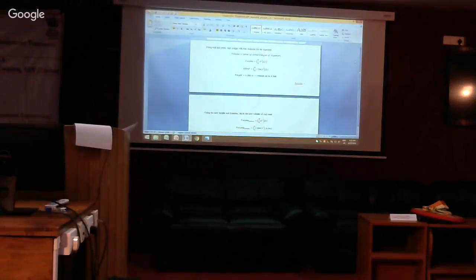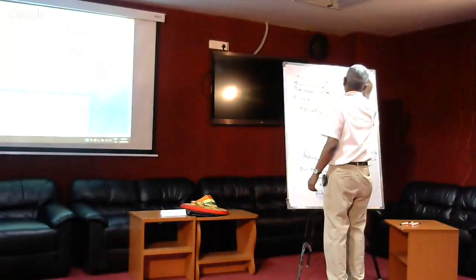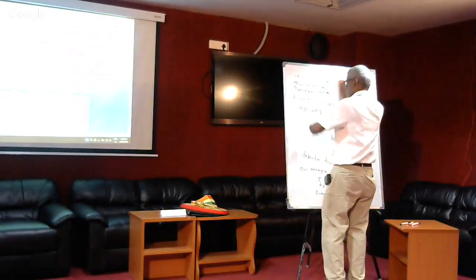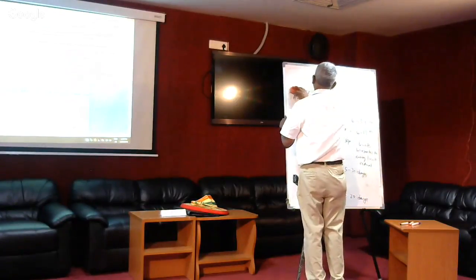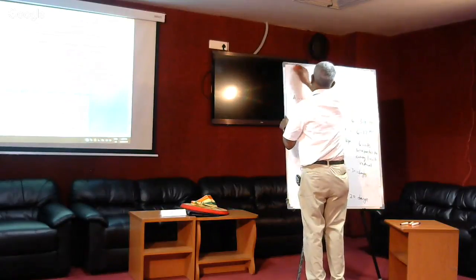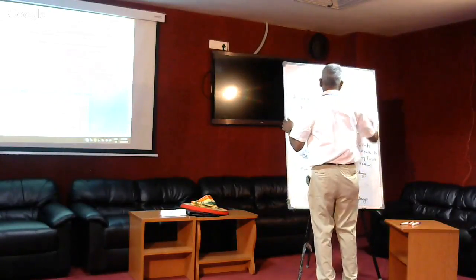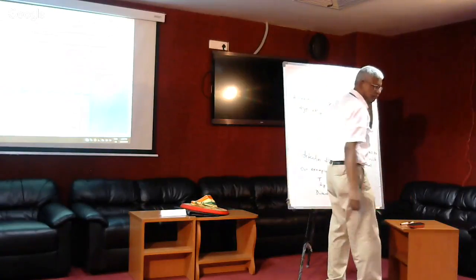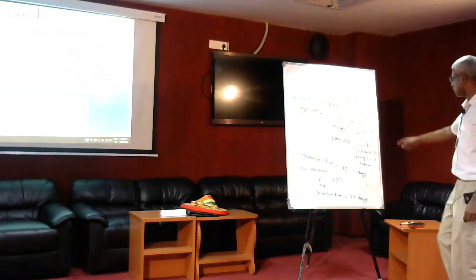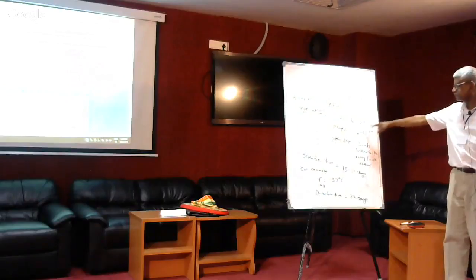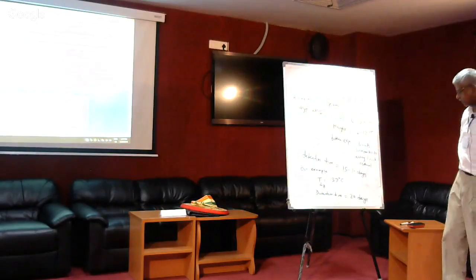Pi by 4 D square H should give you 500. Between height or diameter, which one is the most important factor? Diameter. But you have the range. As long as you are in this range, you are fine.